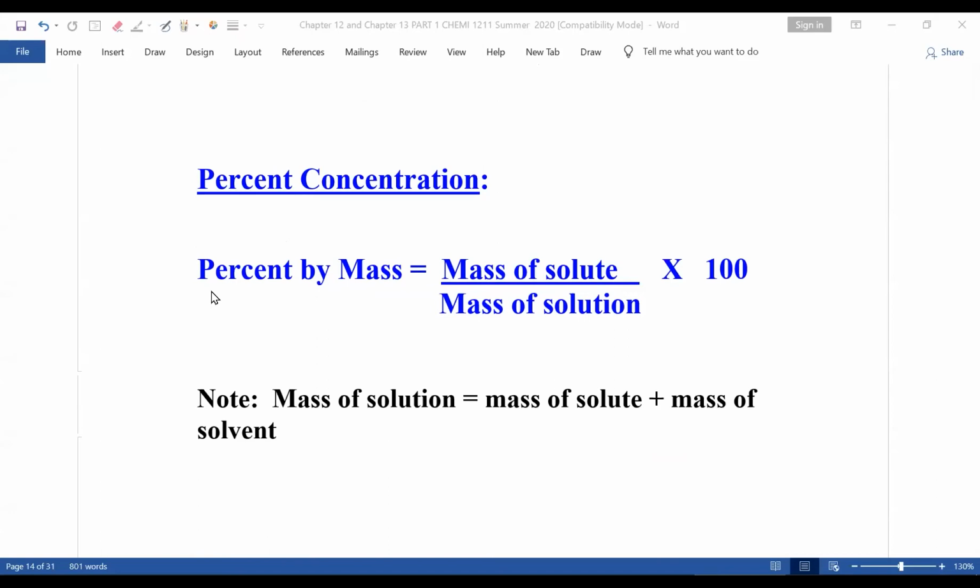Percent concentration by mass, or sometimes just percent concentration, is the mass of the solute divided by the mass of the solution times 100. And the mass of the solution is the mass of the solute plus the solvent. The higher this number, the more solute is present in the solution.